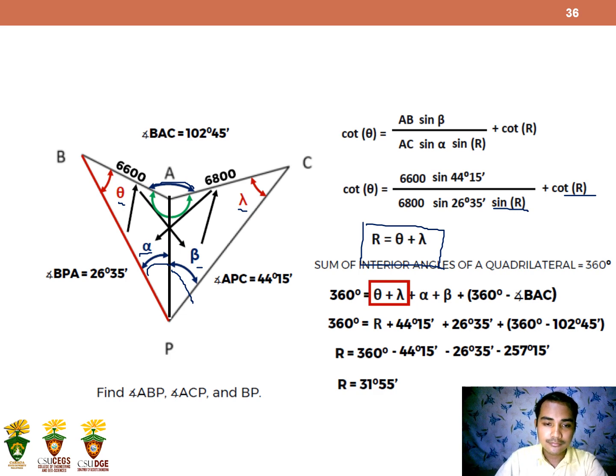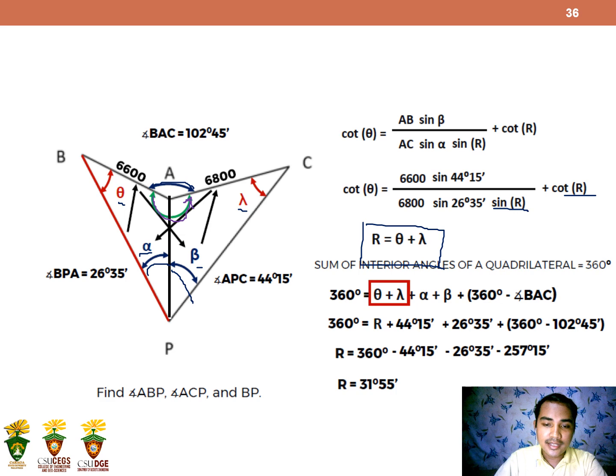Now, again, using the formula, the sum of all the interior angles must be 360. So we have theta plus lambda plus alpha plus beta, and this angle, the green one, which is the angle BAC, but on the reverse side, the back part.